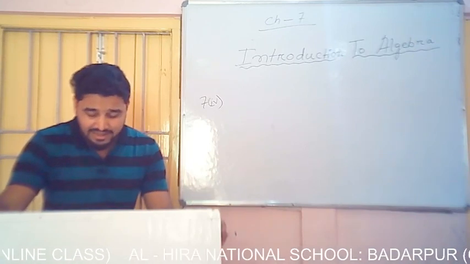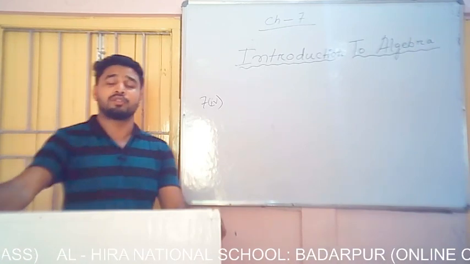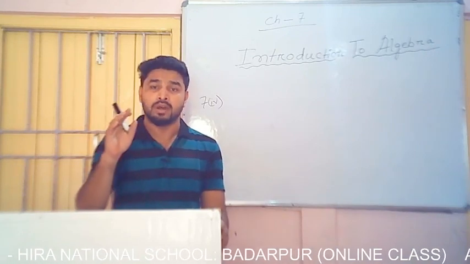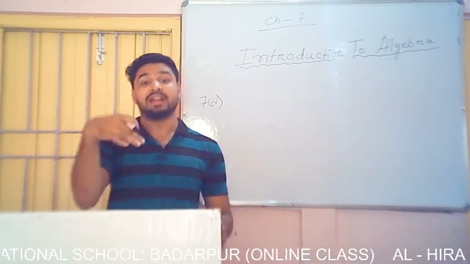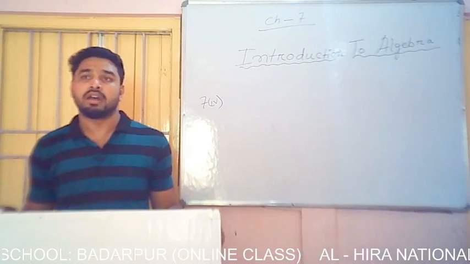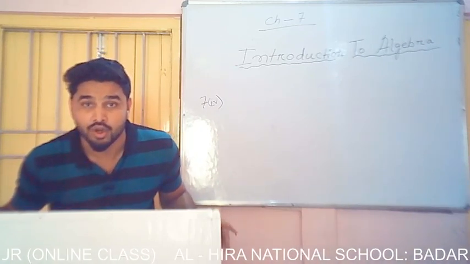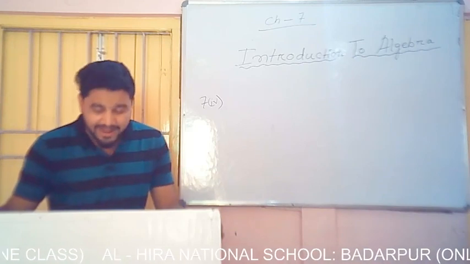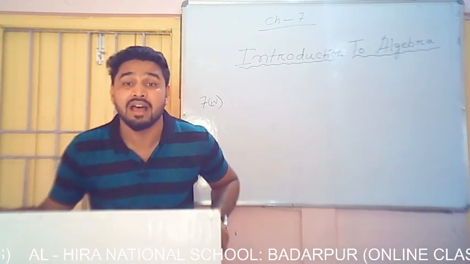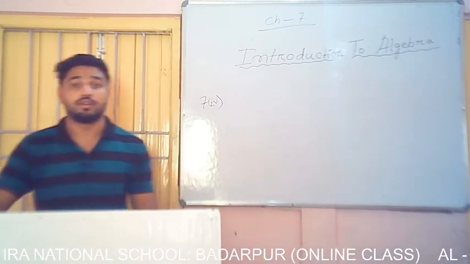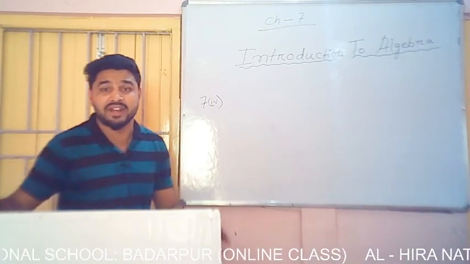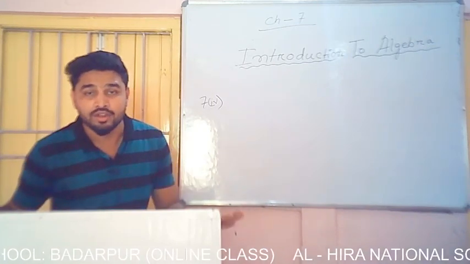How many weeks are there in D days? So we have to find the number of weeks for the D days. Generally we know in 1 week there are 7 days. So if we divide by 7, then we will get the number of weeks. So here the number of days is given, D.